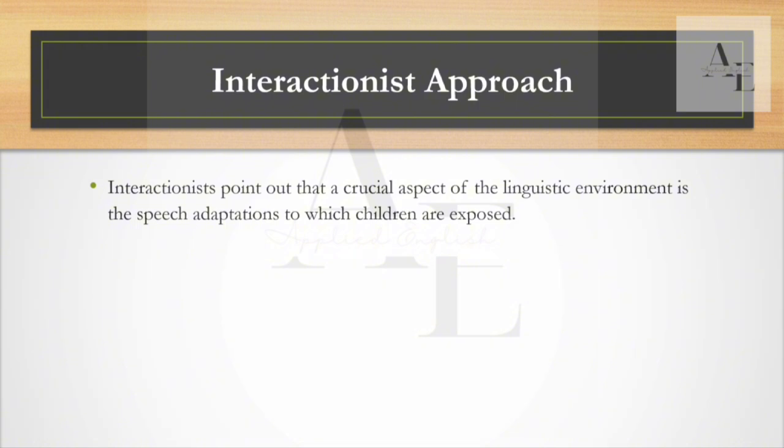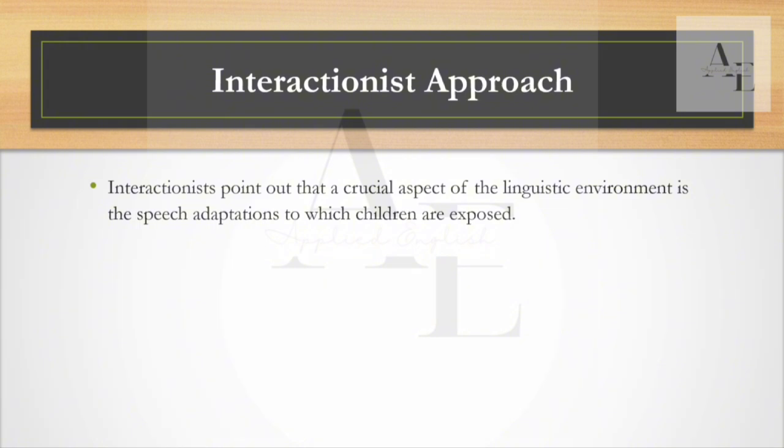So after the first two approaches, we have the interactionist approach. While the first two, one of them focused on the environment and the second focused on the innate abilities, this approach gave credit to both, actually. So interactionists point out that a crucial aspect of the language environment is the speech adaptations to which children are exposed.